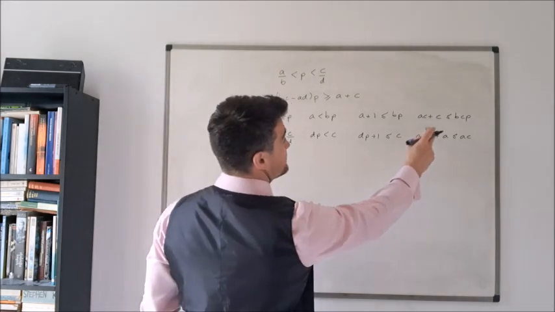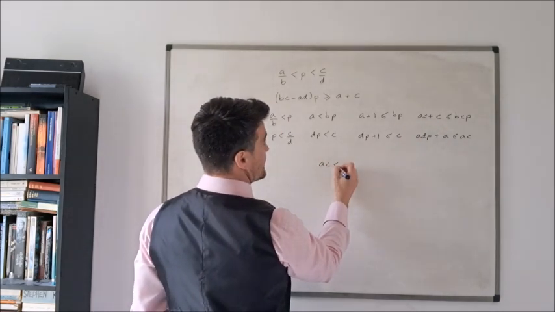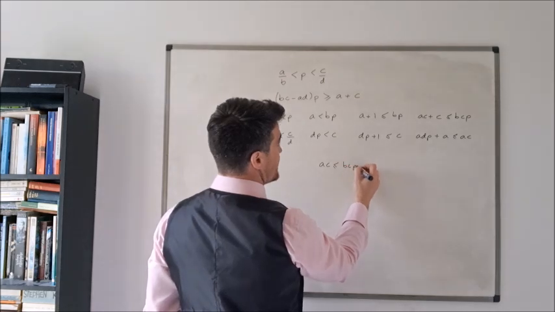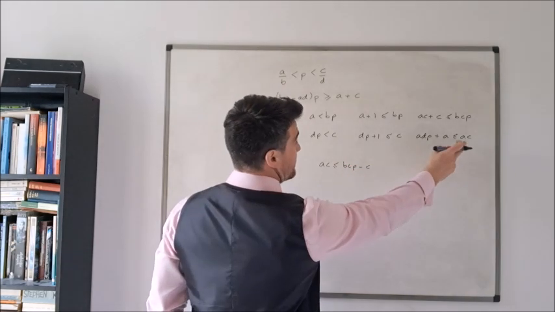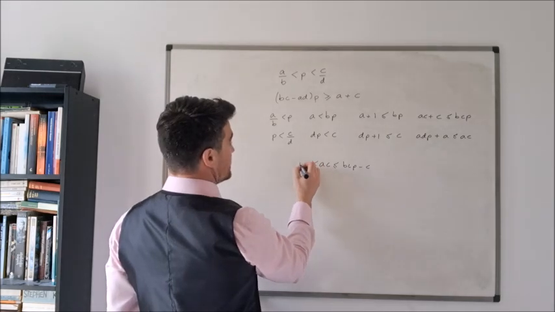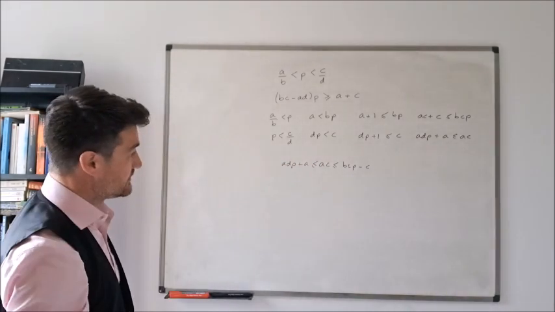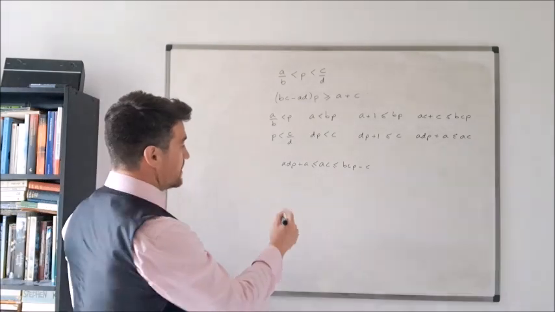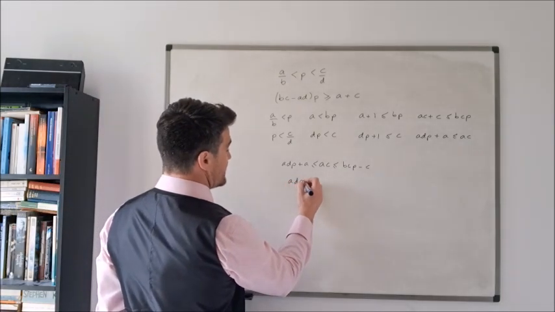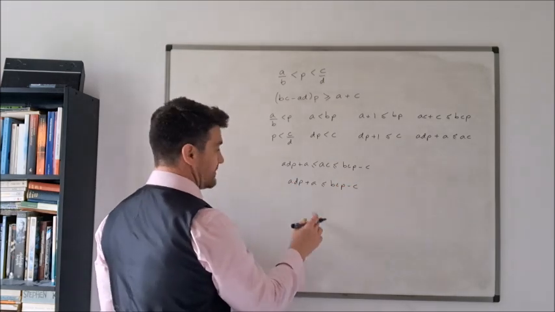Because now I can write this as AC is less than or equal to BCP minus C, but I also know that AC is greater than or equal to ADP plus A. So that means, therefore, that ADP plus A is less than or equal to BCP minus C. Right, we're on to a winner now.